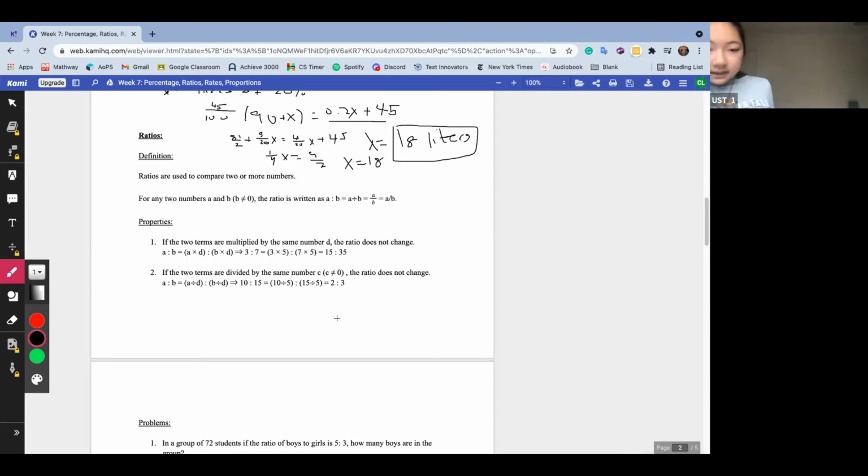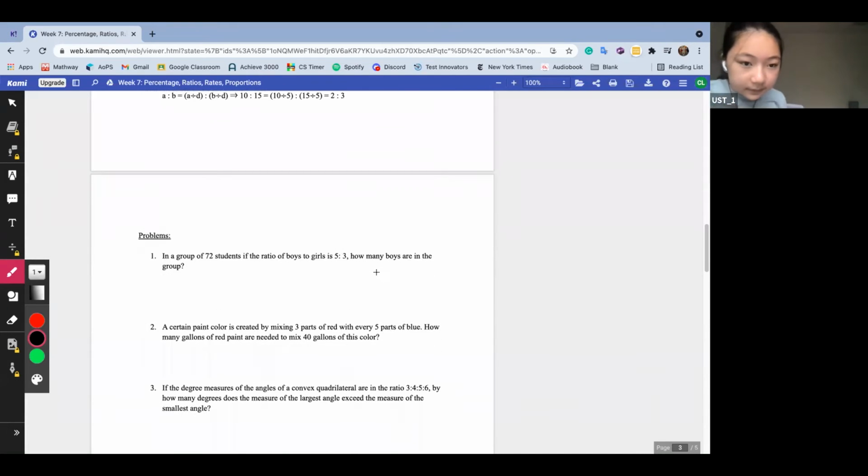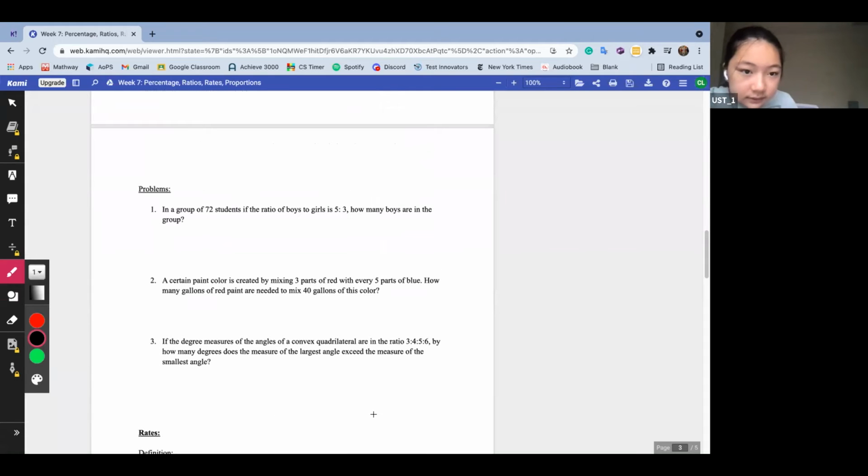The same thing applies to dividing. We have here 10 to 15, and if we divide both by 5, we'll get 2 to 3. So it's still equal.